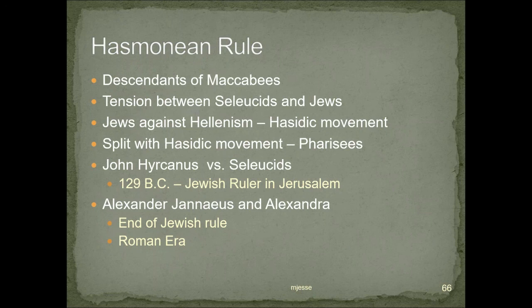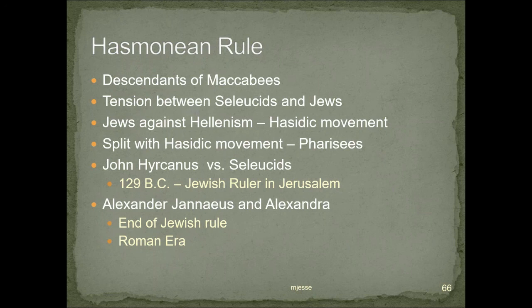Then in 160 BCE, a group calling themselves the Pharisees will split away from the Hasidic movement. In 129 BCE, the Hasmoneans under the ruler John Hyrcanus actually managed to free Israel totally from Seleucid control. And so we have a true Jewish leader in charge of Jerusalem.